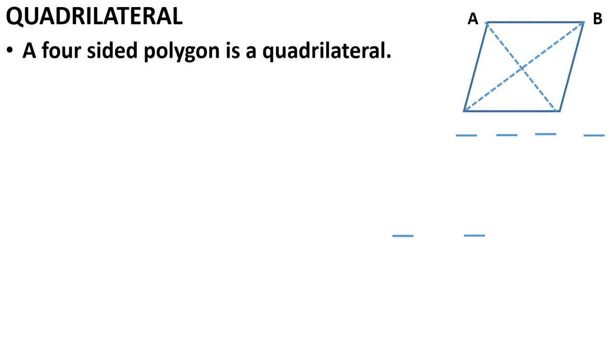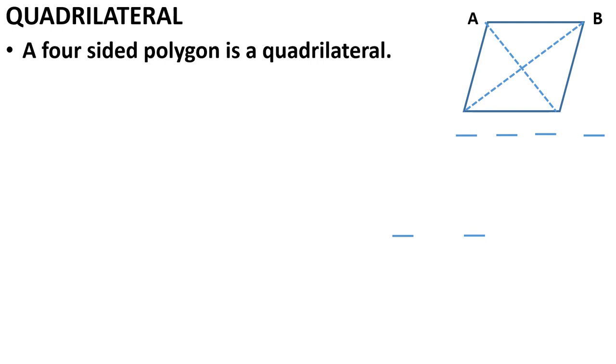Let's start with what is a quadrilateral. A four-sided polygon is called a quadrilateral. Any four-sided polygon is called a quadrilateral.